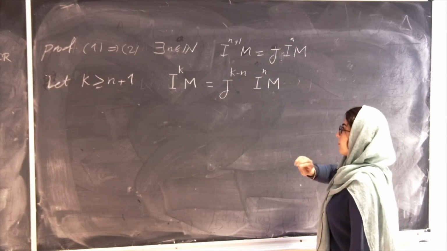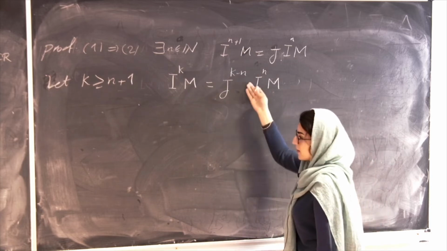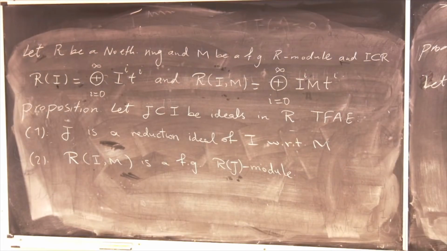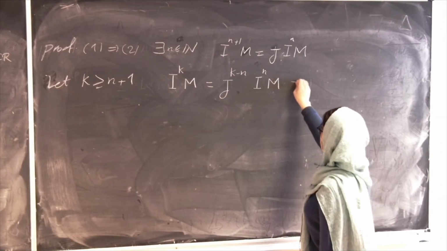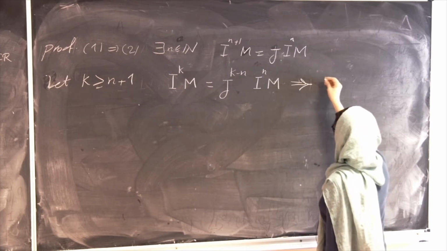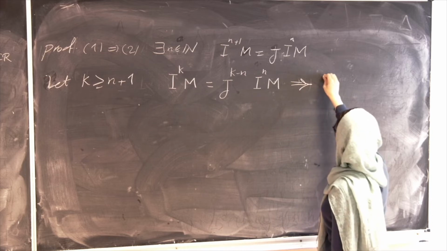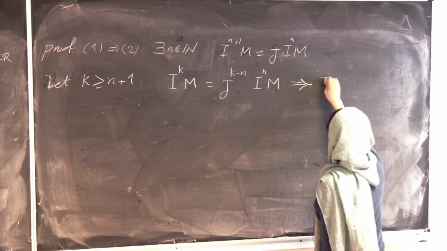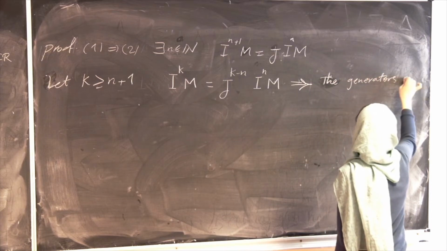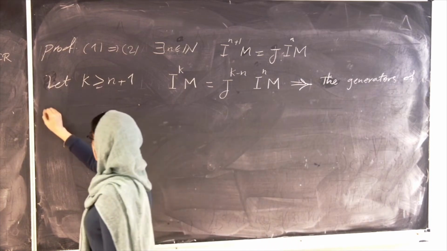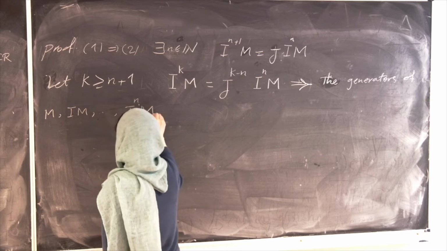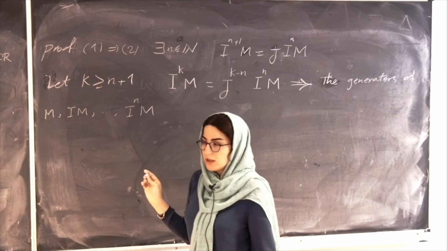Because these coefficients come from this Rees ring, this implies that just the first n powers, I mean M, IM, up to I^n M, are enough to generate the whole module.